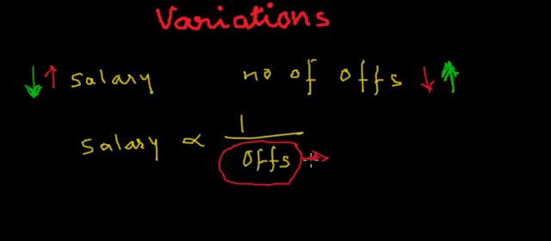And if the number of offs is more, the overall value of this fraction on the right hand side will get decreased and the salary will also get decreased, right? So the offs actually affect the salary inversely, right? So this is called inversely proportional. So in this case, the salary is inversely proportional to the number of offs.